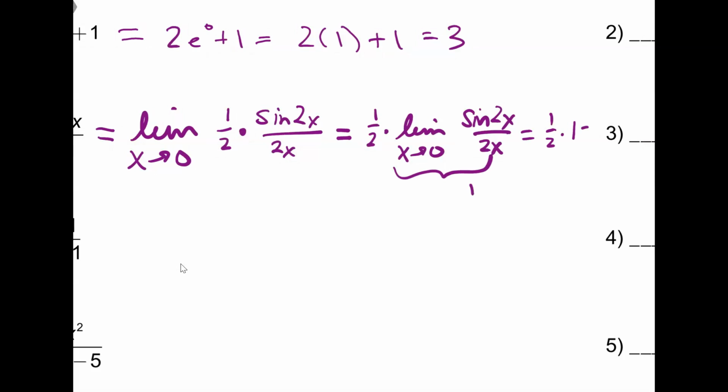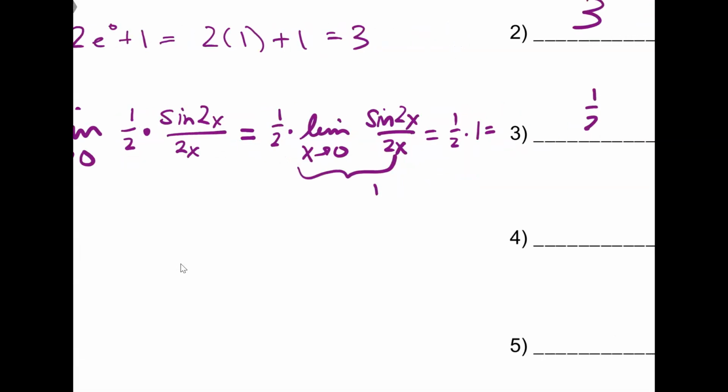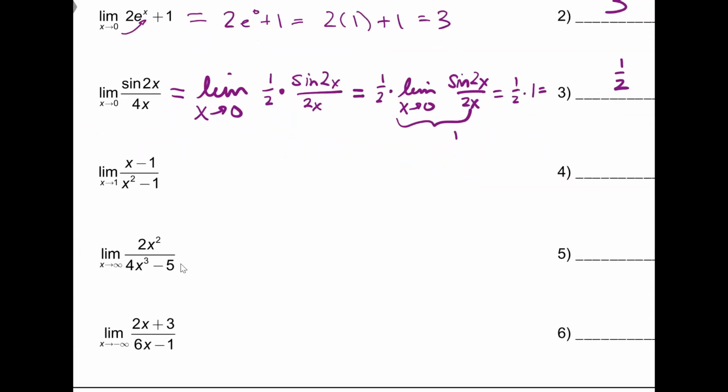Yep. Oh, so you always multiply it at the end? Well, because this is a constant, so I just pull it out. Because remember, what's the limit as x approaches 0 of 5? Oh, it's 5. That'd be a constant function. Whenever you have a constant, it's always just whatever the number was. Okay.